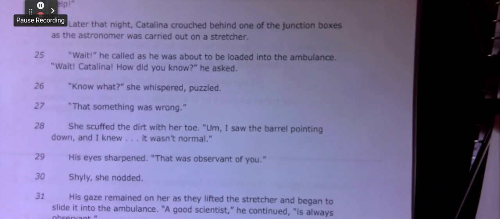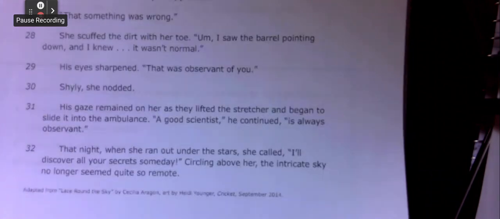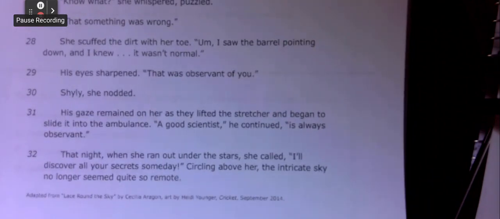His eyes sharpened. "That was observant of you." Shyly, she nodded. His gaze remained on her as they lifted the stretcher and began to slide it into the ambulance. "A good scientist," he continued, "is always observant." That night, when she ran out under the stars, she called, "I'll discover all your secrets someday." Circling above her, the intricate sky no longer seemed quite so remote.